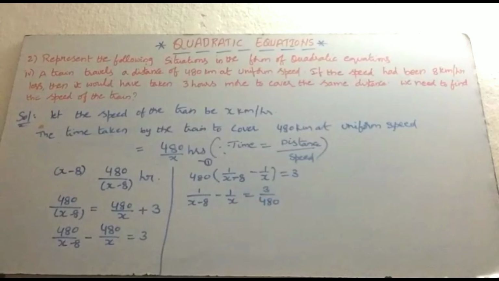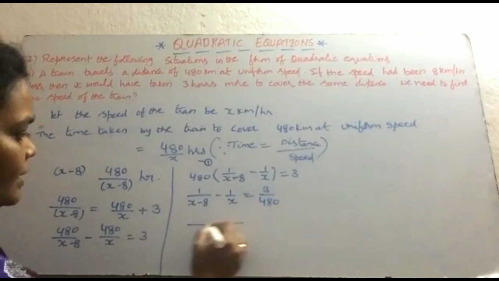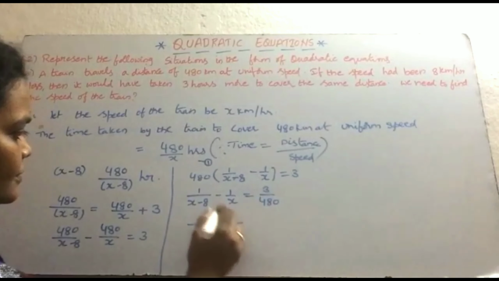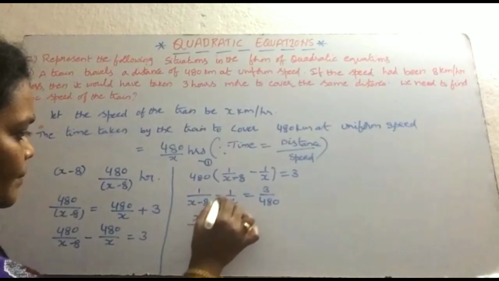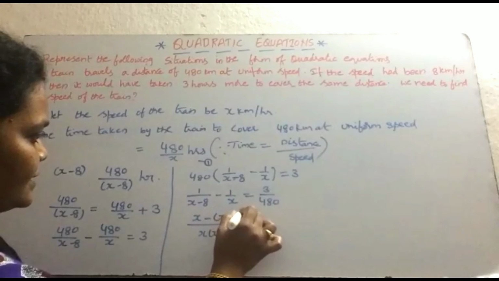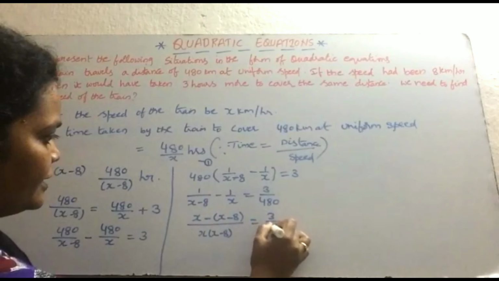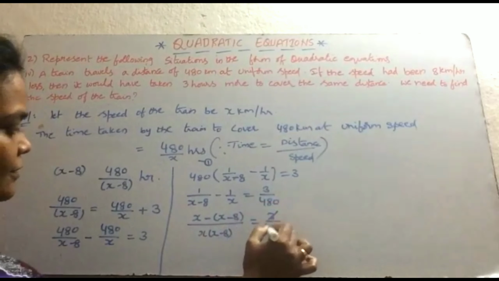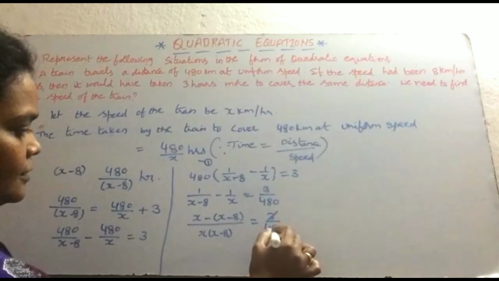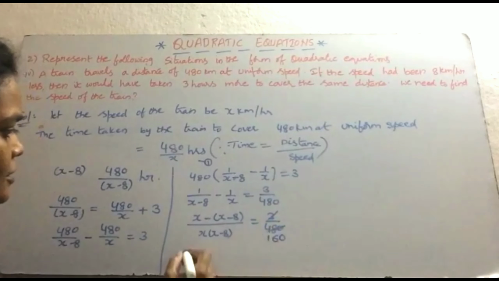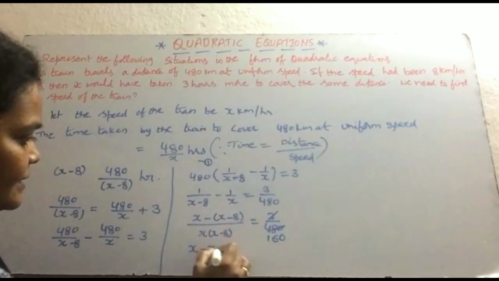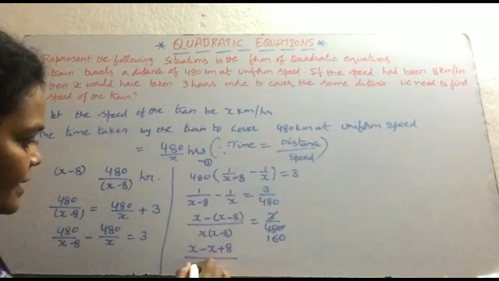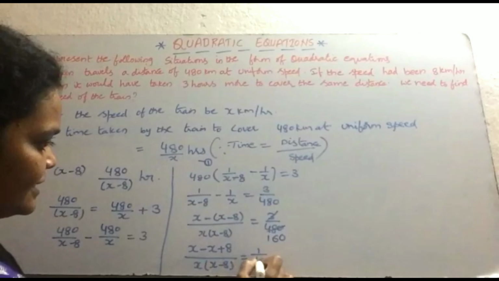Now I will take the LCM, x into (x minus 8). So x minus (x minus 8) is equal to 3 by 480. 3 ones are 3, 3 sixes are 18, so 160. So x minus x plus 8 by x into (x minus 8) is equal to 1 by 160.